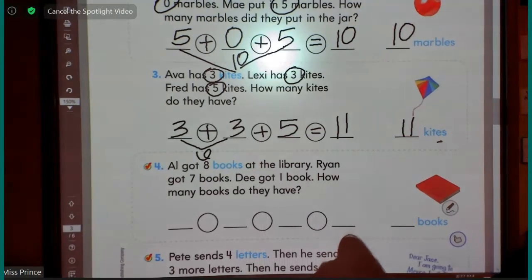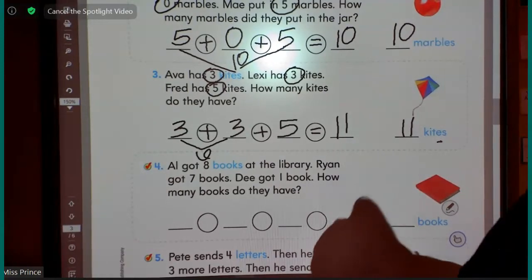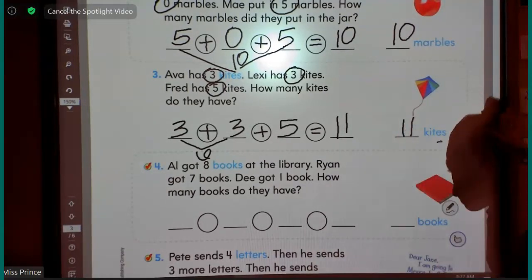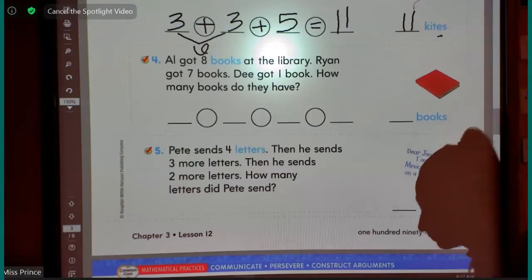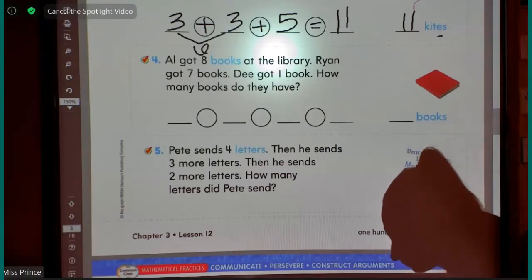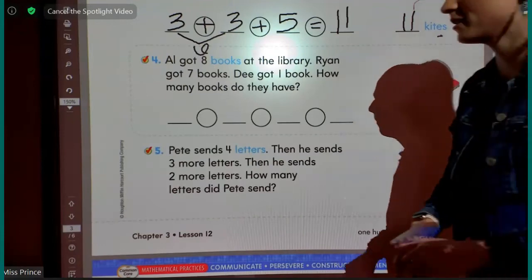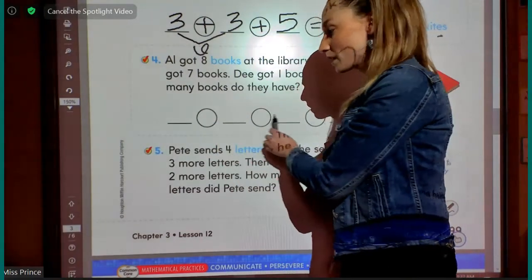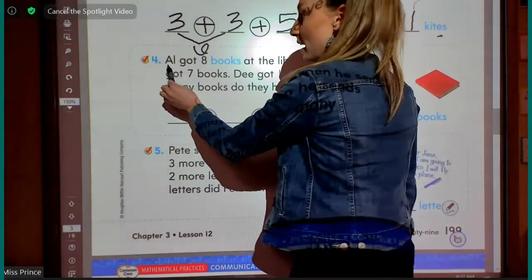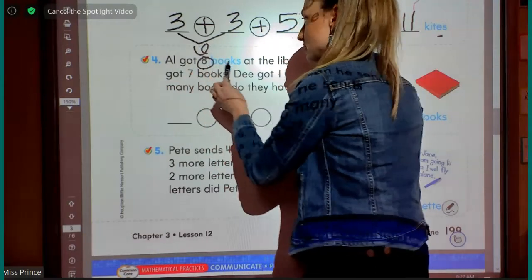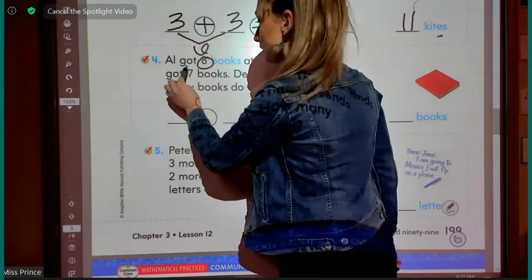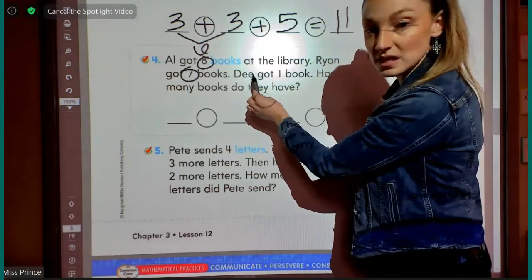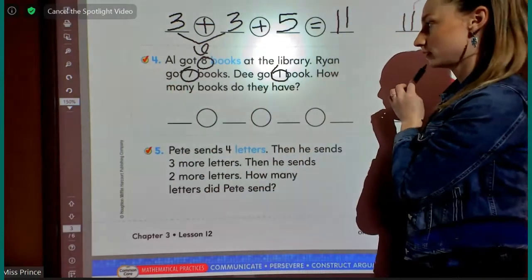All right, I'm looking on my screen. My next helper is Zayden. Zayden, go ahead and let me know when you're ready. I'm ready. Okay, here we go. So you're going to walk me through what to write here. Al got 8 books at the library. Ryan got 7 books. Dee got 1 book.